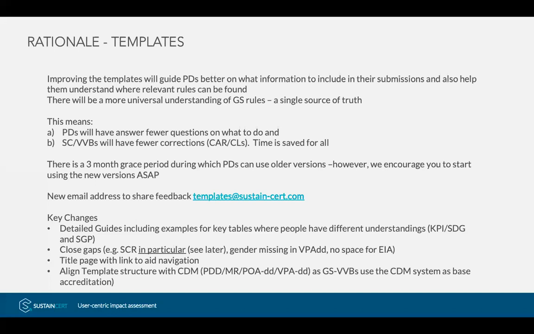One thing to draw your attention to that we put in place for each of the templates is an email address for anyone, whether you're a project developer, VVB, or even the stakeholder community. They can share feedback on the templates with a dedicated email address. To let you know, we did reach out to project developers in this template revision.